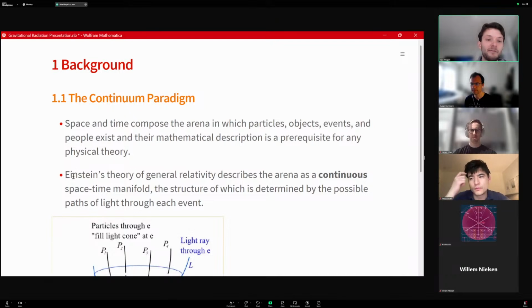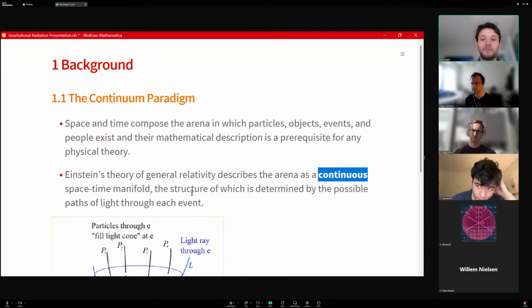And so Einstein's theory of general relativity describes a different kind of space-time continuum, but there's still a continuous space, meaning that between any two events, you can subdivide infinitely many times and find infinitely many events between any two.